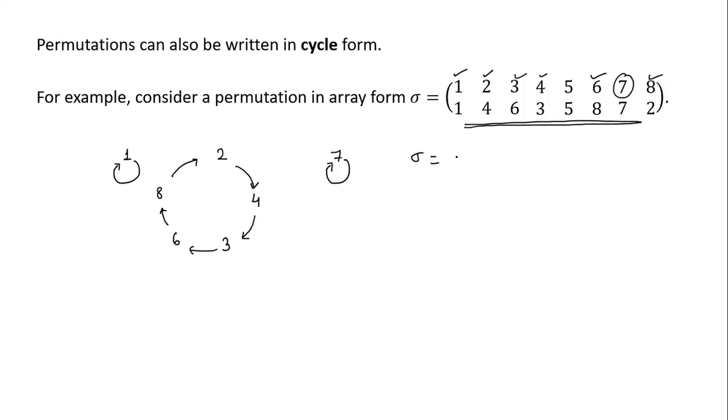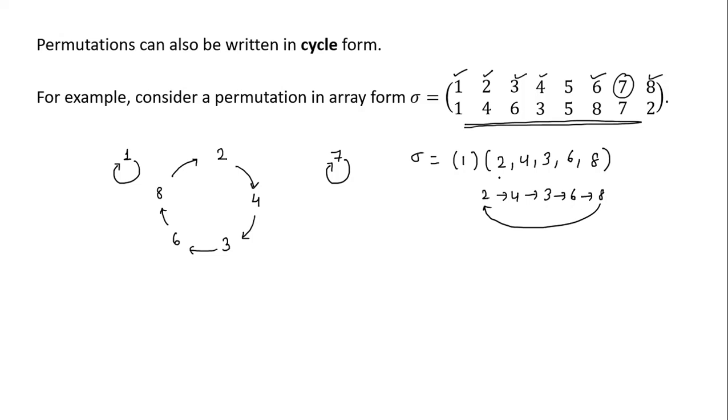So if you look at 1, 1 is mapped to itself. Now this cycle's elements are 2, 4, 3, 6, 8, and I will close the cycle. Here it means 2 is mapped to 4, 4 is mapped to 3, 3 is mapped to 6, 6 is mapped to 8, and 8 is again mapped to 2.